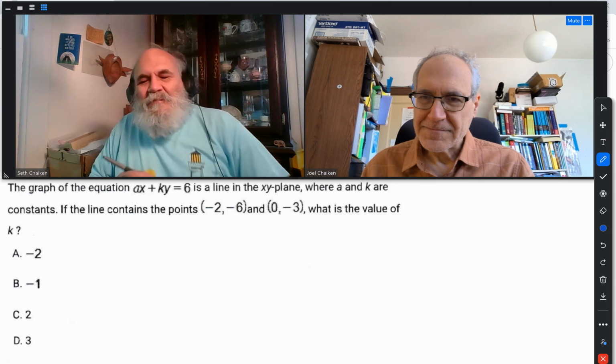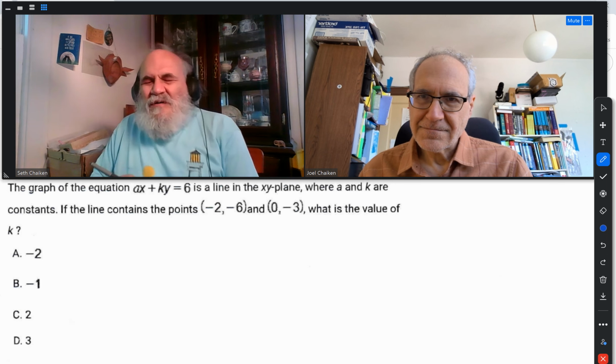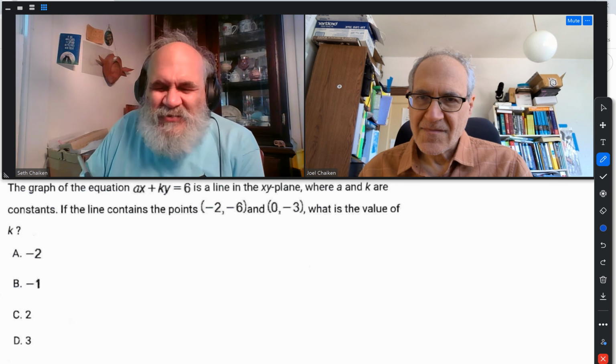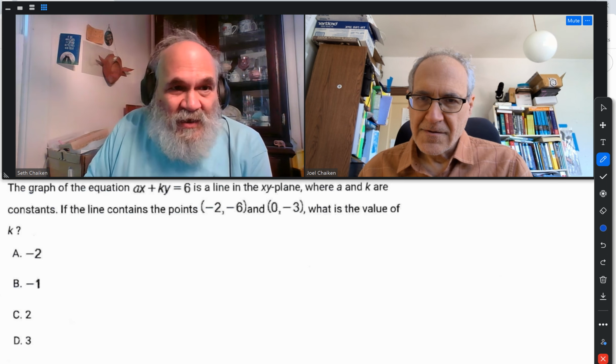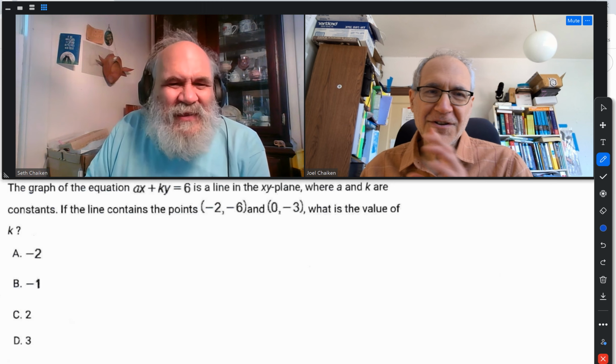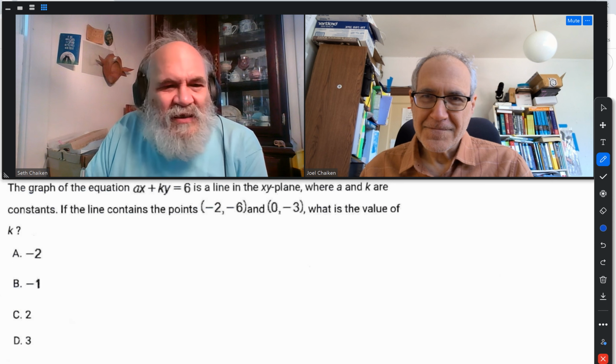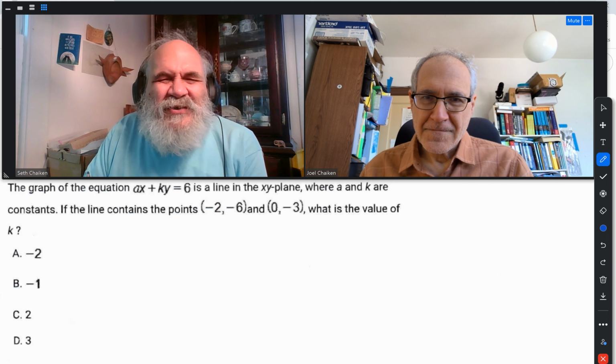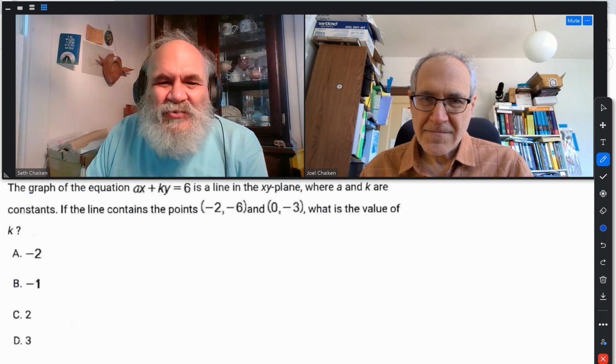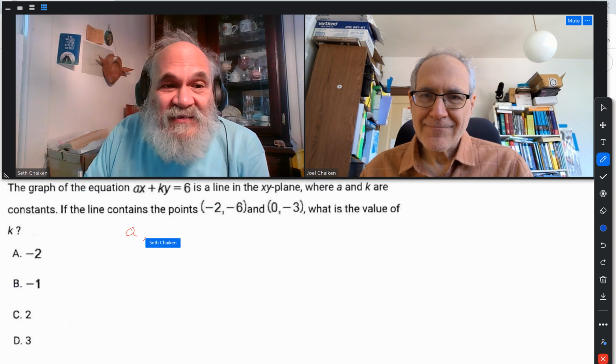Okay, so here's how I came upon the solution. I read it. Cheating. You're supposed to do it live. And, well, I read it, and I realized it is a problem of two linear equations and two unknowns. The unknowns are a and k.